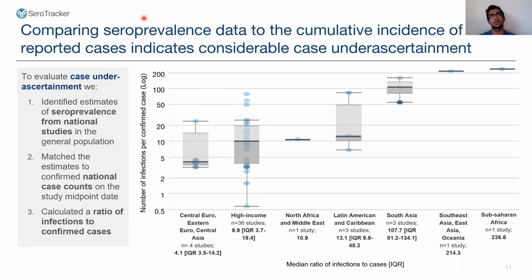We haven't included that. This is a top level analysis where we're just looking at seroprevalence in the general population in national studies and comparing it with the cumulative incidence of confirmed cases.